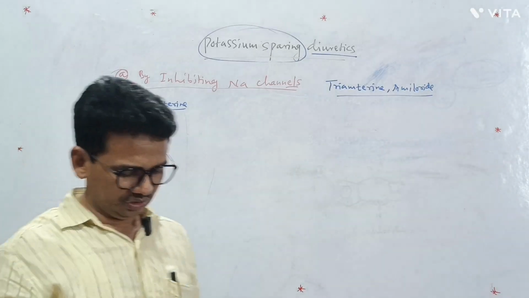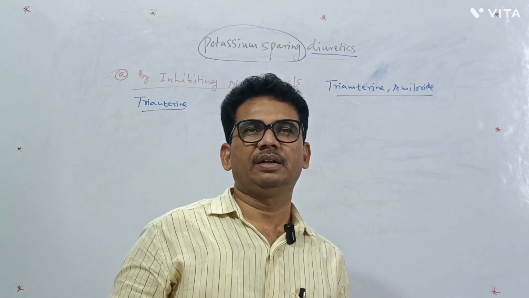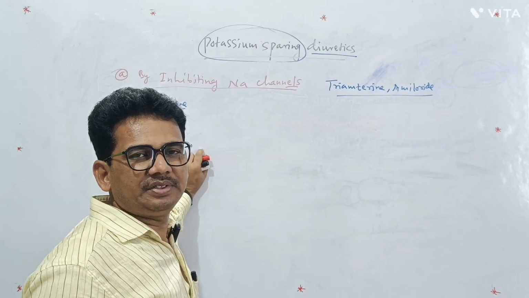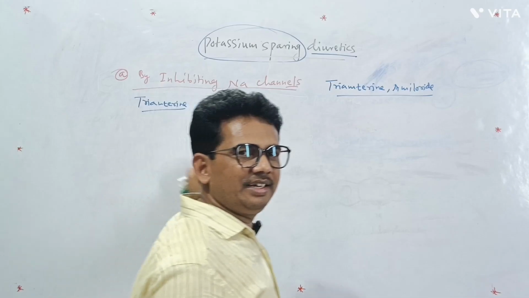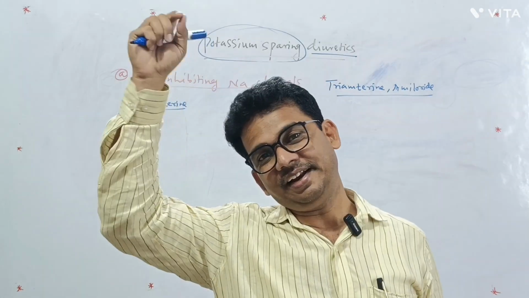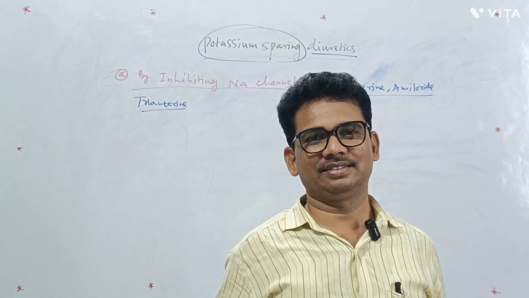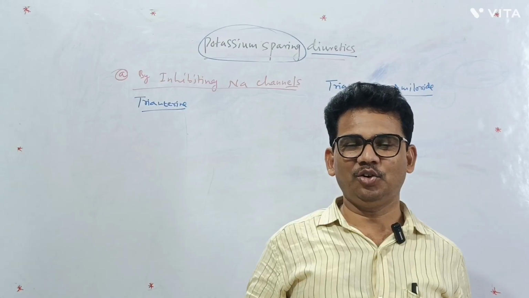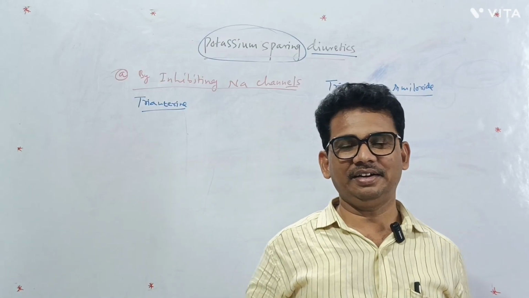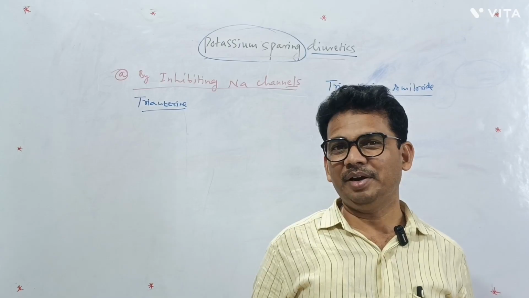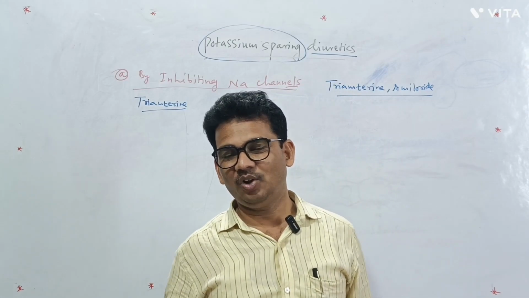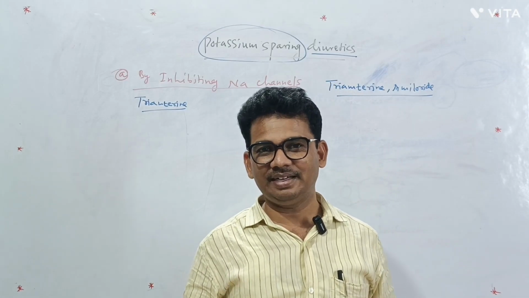Triamterene structure looks like a pteridine. Where might we have studied the pteridine? You might remember, folate reductase inhibitors, like dihydrofolate reductase inhibitors. In that you might know folic acid. Folic acid is required for the bacteria.